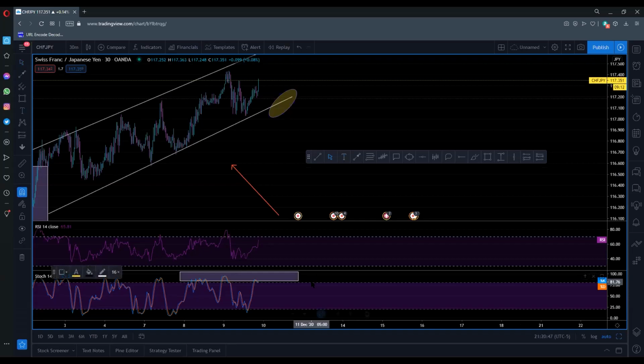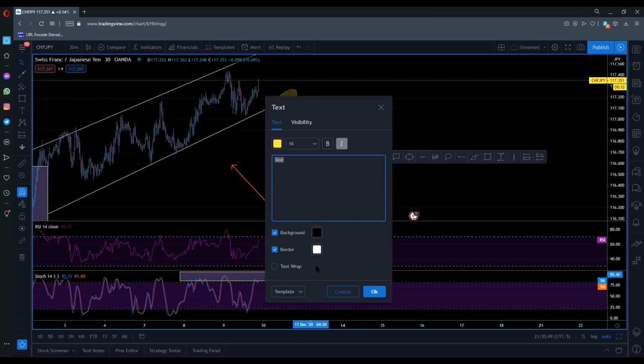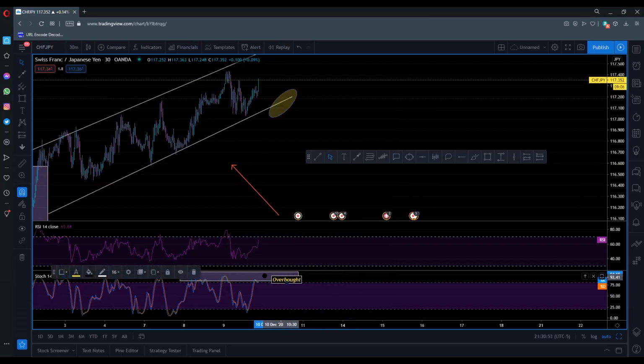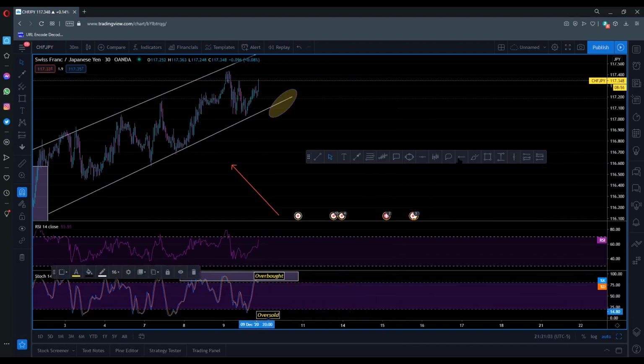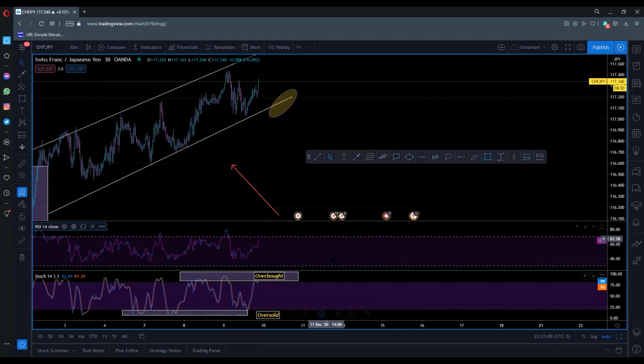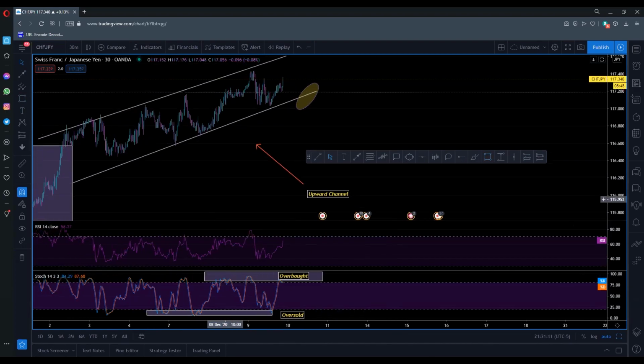Okay, so this area would be considered overbought based on stochastic. And then the bottom area would be oversold based on stochastic. Right, pretty standard, right?